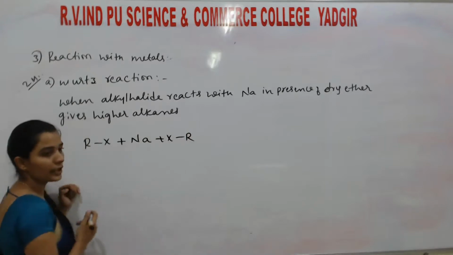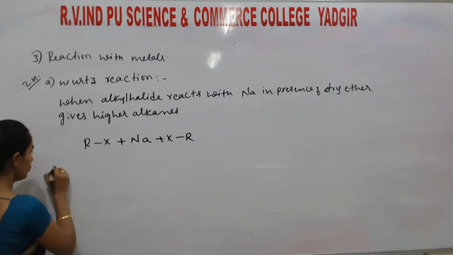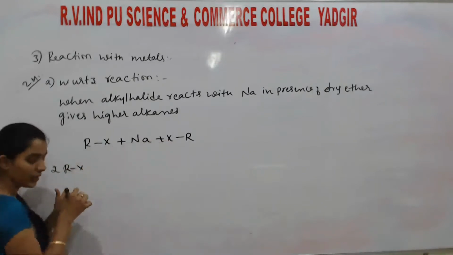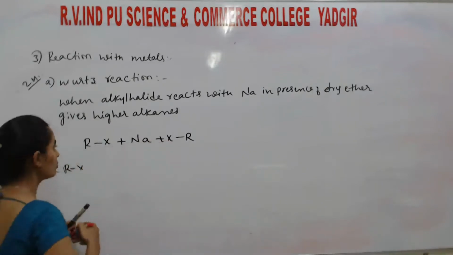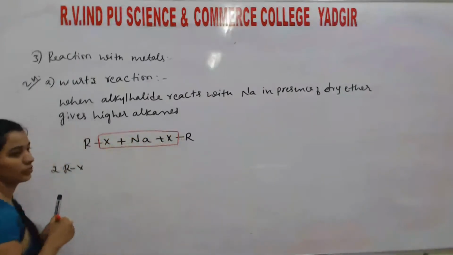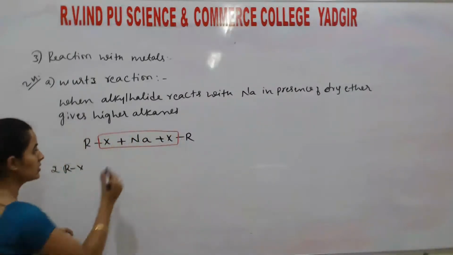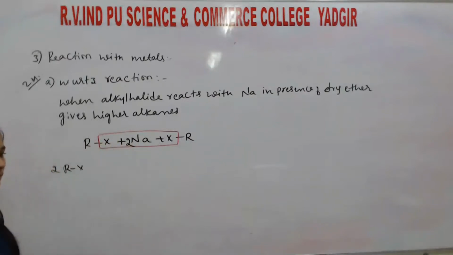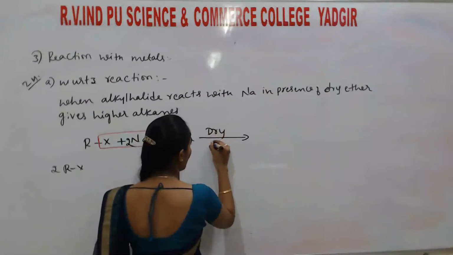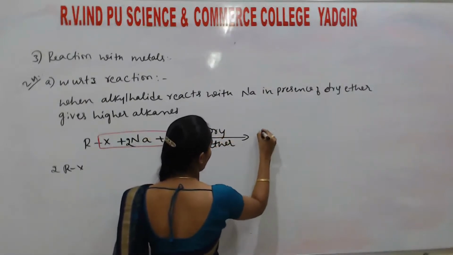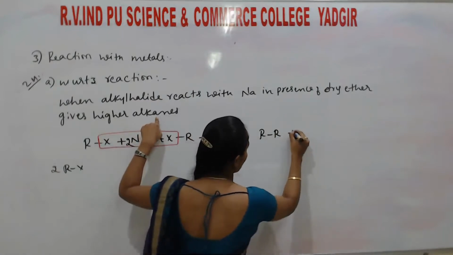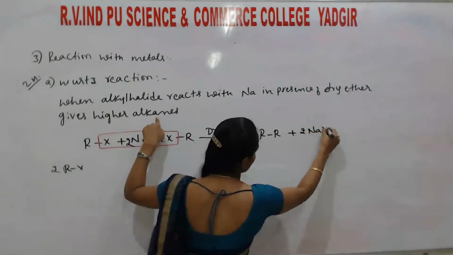I simply rearranged this in this manner to show what happens. To remove the halogens, we require 2 moles of sodium. What is the product here? In presence of dry ether, they form higher alkanes plus 2 NaX.